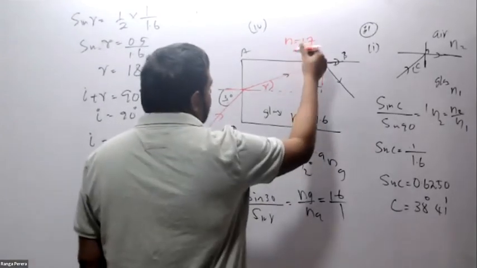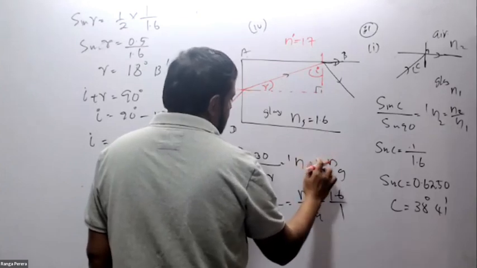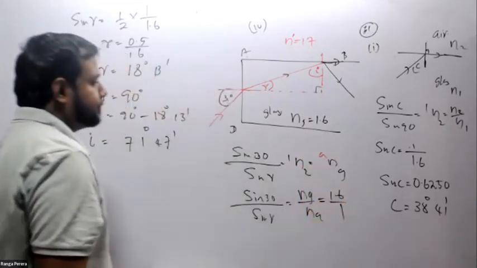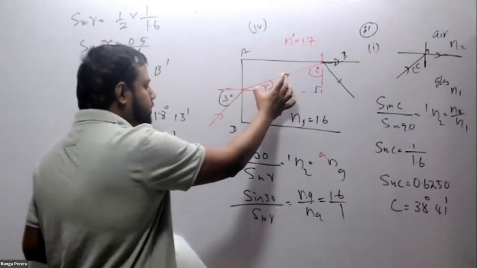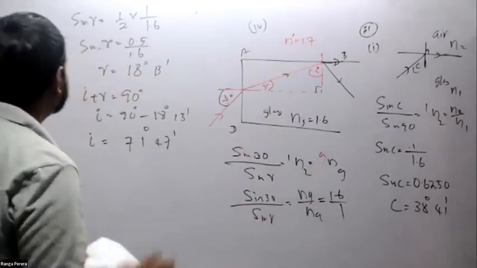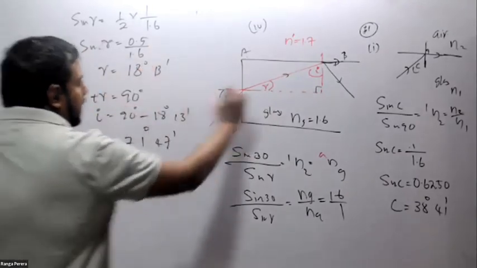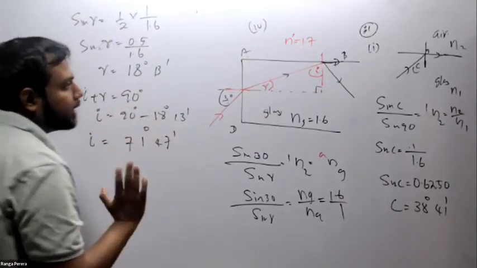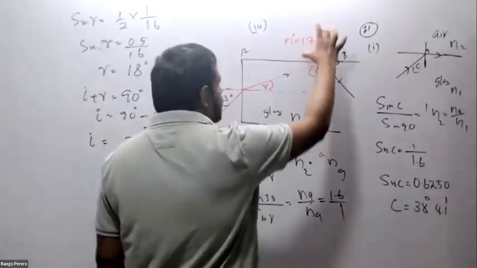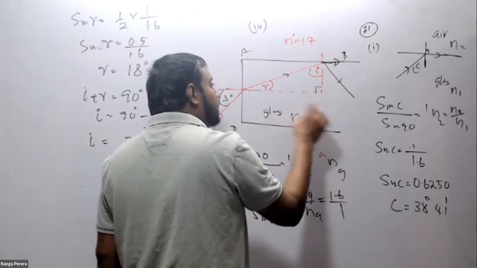Let's say a medium like N dash. If theta is 30, R won't change. R is fixed as earlier, 18 degrees 13 minutes. Even if R is the same, I won't change. I equals 71 degrees and 47 minutes. But you can understand this is a denser medium compared with glass. Why and how do we know that?